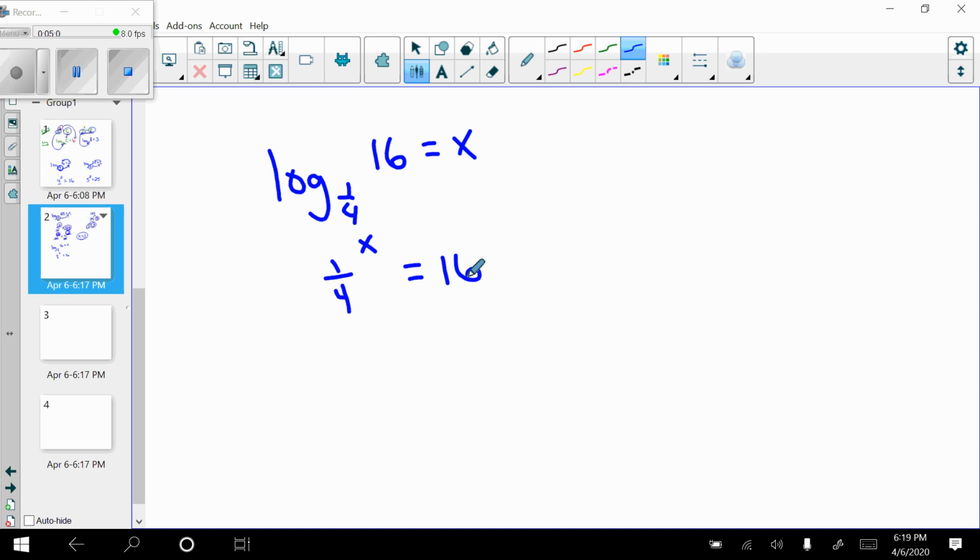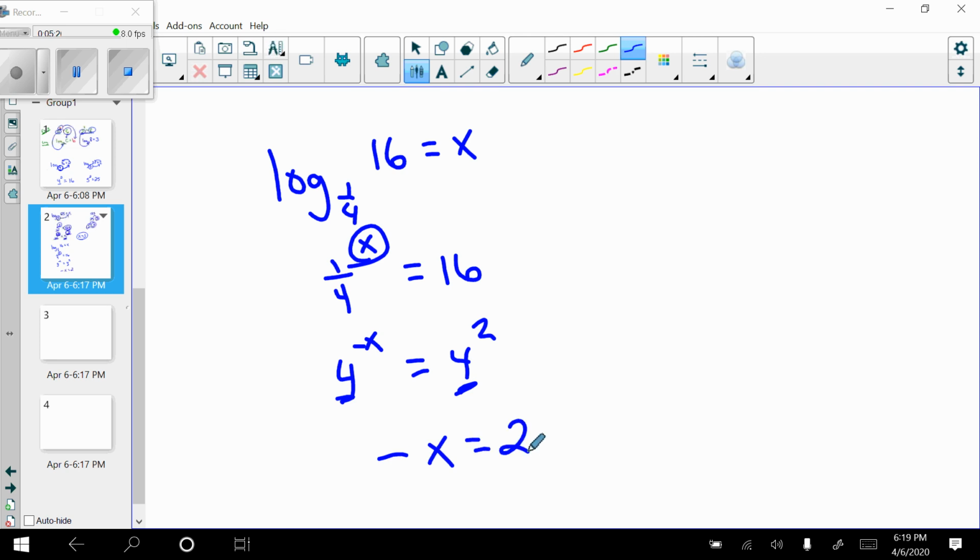Well, the only way I can get this to be flipped up is if the exponent is negative. So I could make this 4 to the negative x, and that would equal 16, which I can break down as 4 to the second power. Notice they have the same base, which means negative x equals 2.